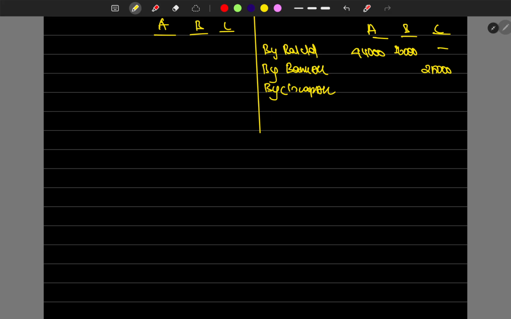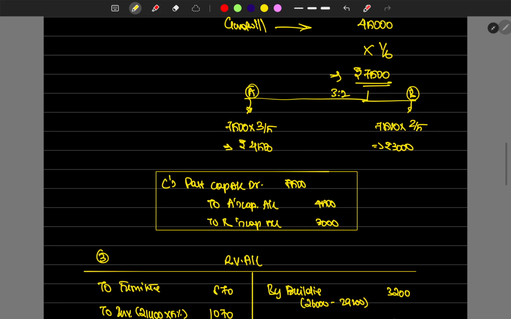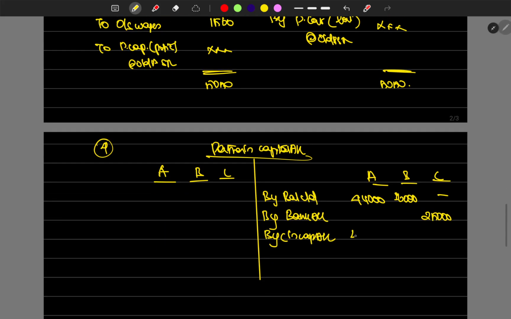C has paid how much? 4,500, 3,000 respectively to A and B. To A's capital account, which is 4,500, to B's capital account, which is 3,000, right?